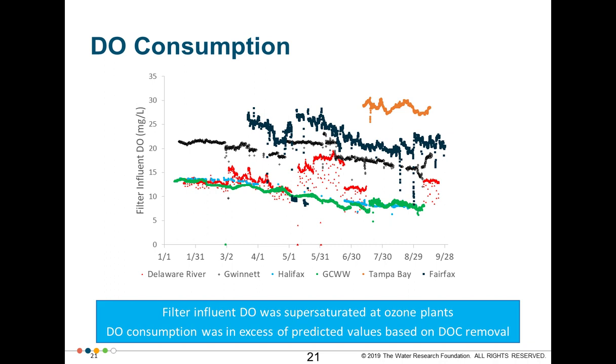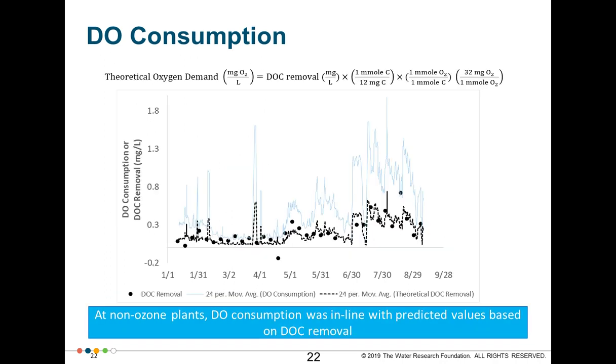However, when we installed the probe at non-ozone facilities, we saw a very good correlation between the theoretical oxygen demand and the measured DO consumption. So here I'm showing the equation for calculating the theoretical oxygen demand based on the DOC removal, and we've plotted the DO consumption in blue and the calculated theoretical DOC removal as the black dashed line.